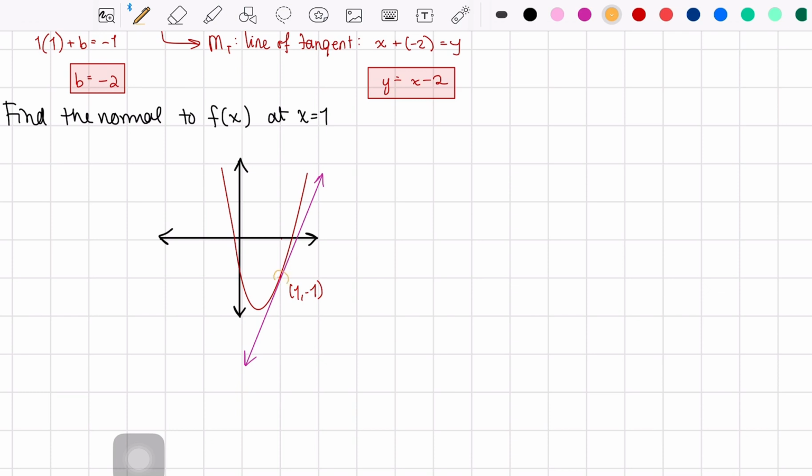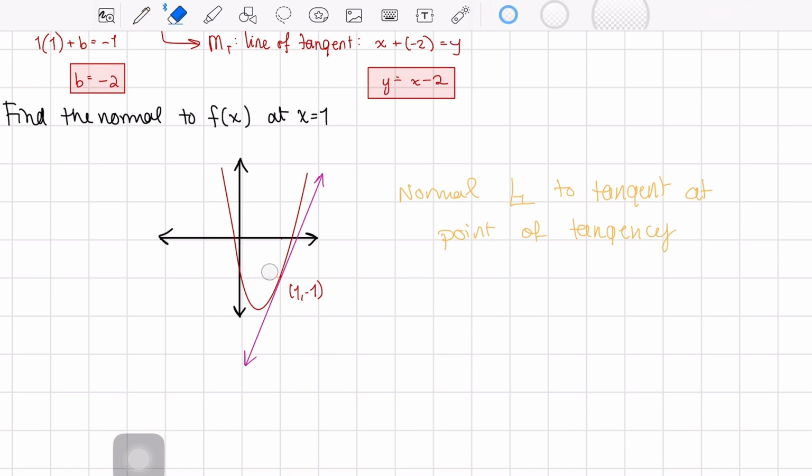This is the point of tangency, and we need the normal to be perpendicular to the tangent at the point of tangency. So this is our point of tangency, (1, -1).